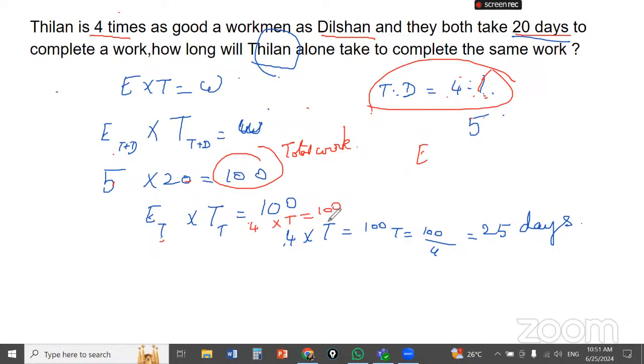So easily when you divide, t is equal to 100 by 4, that's 25. If they ask us to find for the other person also, here 1 into t is 100. So the other person will be completing it in 100 days. That's the meaning there.